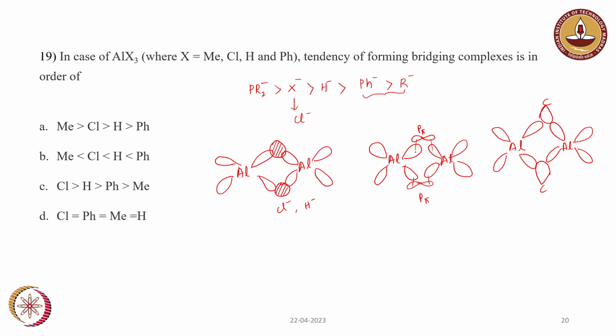So this p pi sp2 hybridized interaction is stronger compared to this sp3 sp2 interaction.